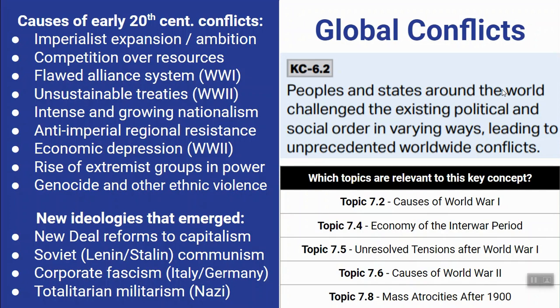You also had Soviet communism, which was first led by Lenin and then Stalin. You had corporate fascism, which started in Italy under Mussolini and then spread to Germany, before Germany completed its transition into a totalitarian, fascist, militaristic state known as Nazi Germany. Specific topics that are relevant to this key concept are topics 7.2, 7.4, 7.5, 7.6, and 7.8.